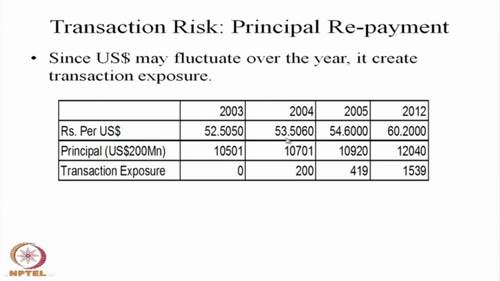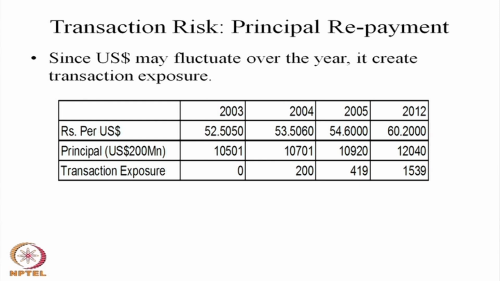But if the rupee rate increases, suppose to 53.5056, the amount will be 10701. Similarly, in 2005, if you want to repay, at that time the rate is 54.60, the actual repayment will be 10920 million rupees, and the transaction exposure is 419 million rupees.